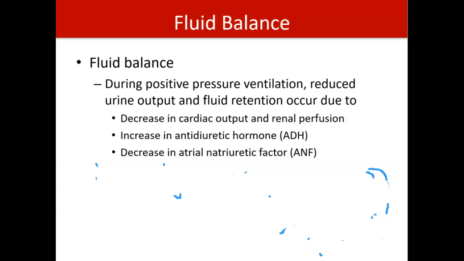And you're also going to reduce something called your atrial natriuretic factor, which regulates your sodium. The end result of these three changes is decreased fluid output and fluid retention. Because of this, when your patient's on a mechanical ventilator, you really want to monitor their fluid levels, that intake and output.